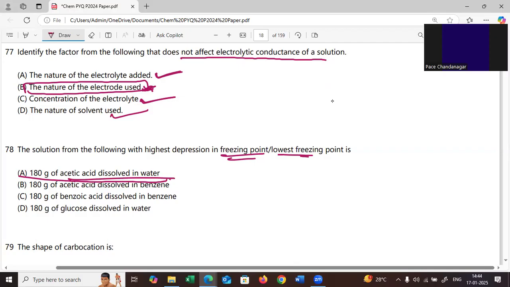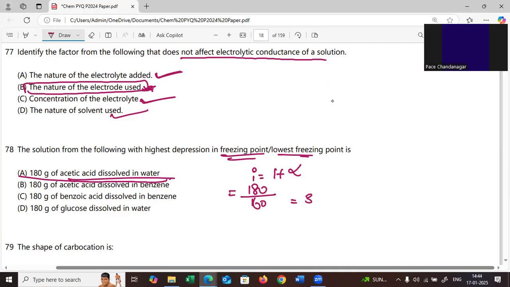So we need to first find out the alpha value there. And we know i is equal to 1 plus alpha. And what is the moles there, which is 180, because that is your acetic acid, 180 by 60 you would get 3.